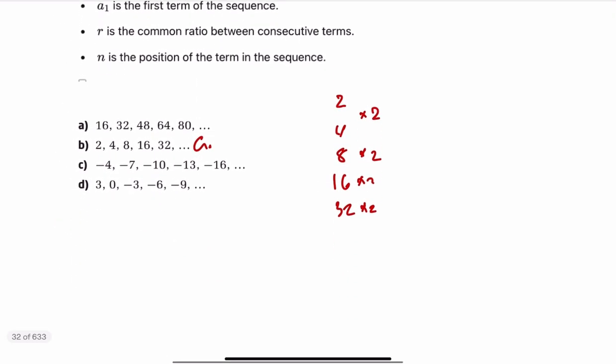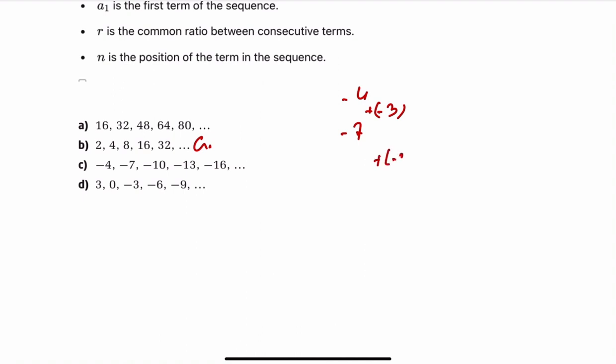The third one, the first term is minus 4. The second term is minus 7. I can see there is a minus 3. So I am adding minus 3. If I add minus 3 again, it will give me minus 10.